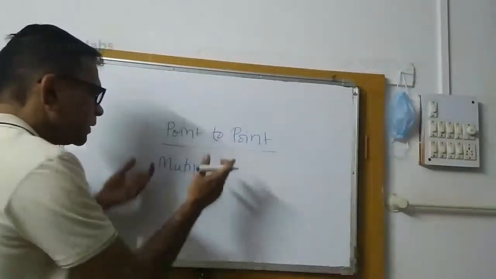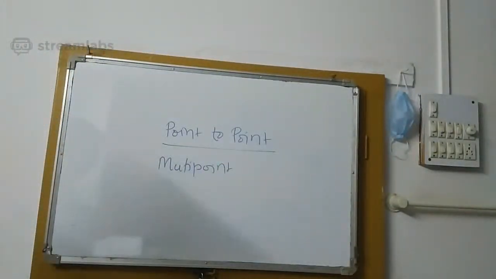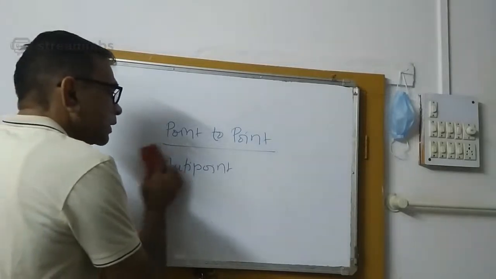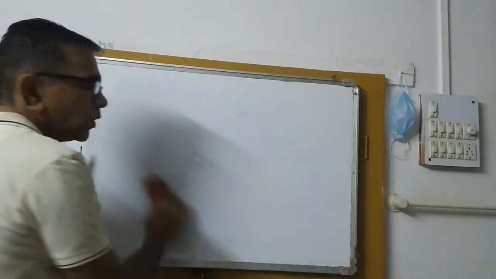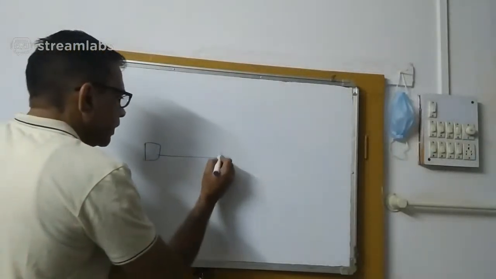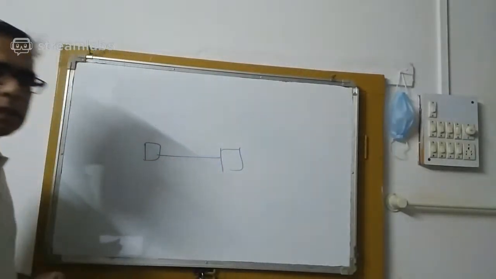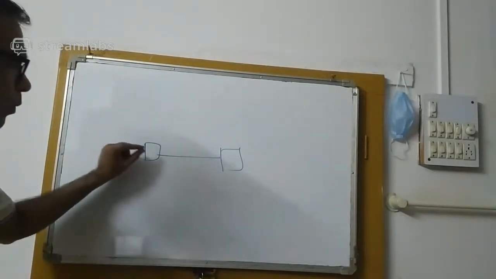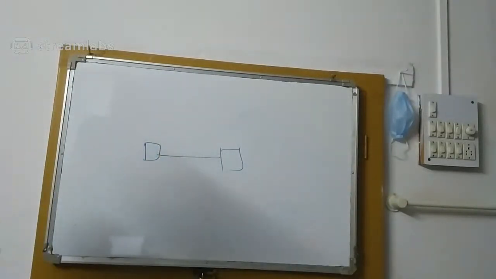Basically, multi-point itself is a kind of broadcast communication. Using these connections, we get different kinds of physical structures or physical topologies. In point to point there will be two devices connected by a dedicated link.